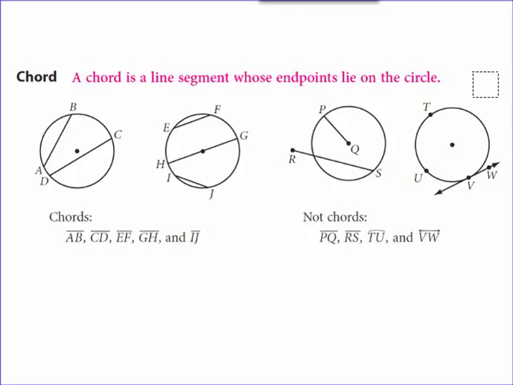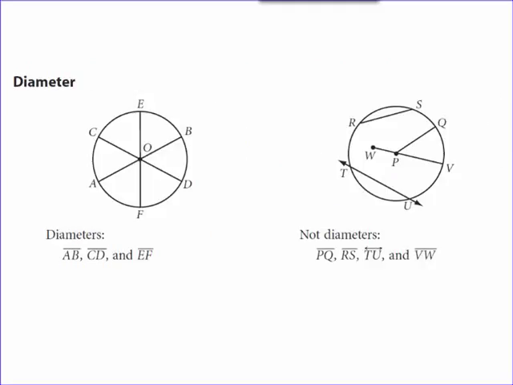Next we're going to talk about a diameter. Some of you probably already know what a diameter is, but we have pictures of diameters there, and pictures of not diameters. So what do you think a diameter is? A segment that goes all the way through the circle and passes through the center.